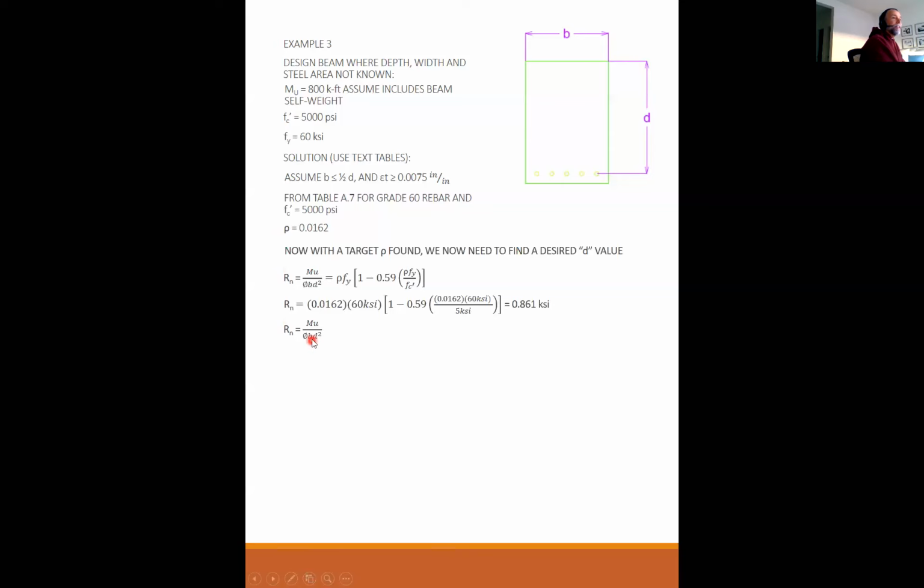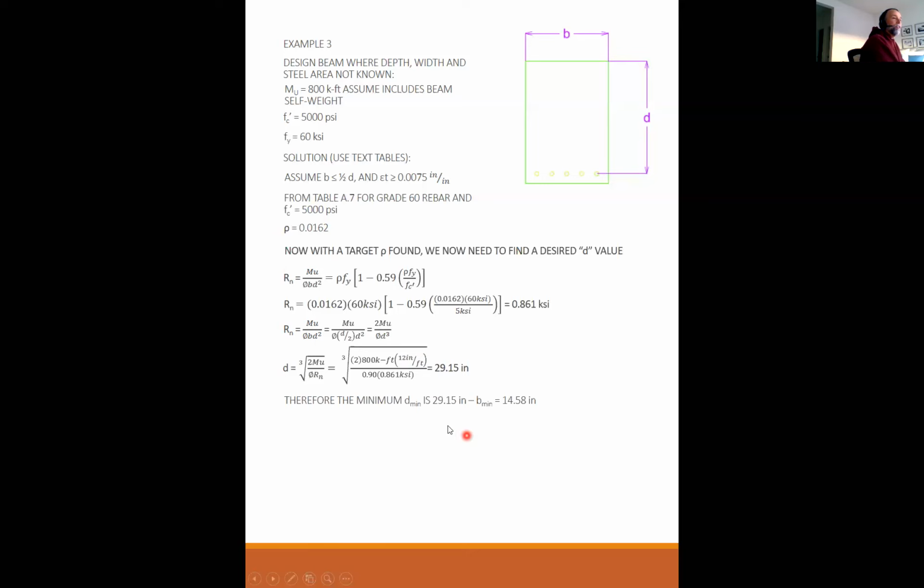I can relate that to Mu over phi b d squared, which, if b is half of d, becomes 2 Mu over phi d cubed, and I can solve for d. d is the cube root of 2 Mu over phi R sub n. Now I can plug in all my numbers. Don't forget the 12 to go from feet to inches. And I get a d of 29.15 inches. This is my target d, or d minimum.